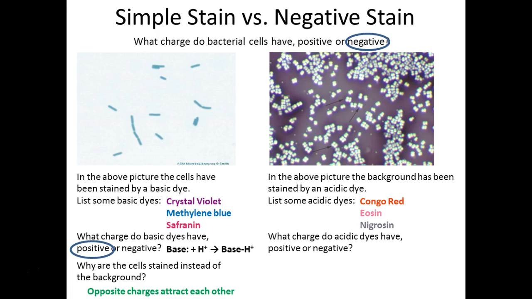Negative staining uses a negatively charged acidic dye. Now we've got a negative cell and a negative dye. In this case, the background gets stained, because what about those like charges? They repel each other, right?